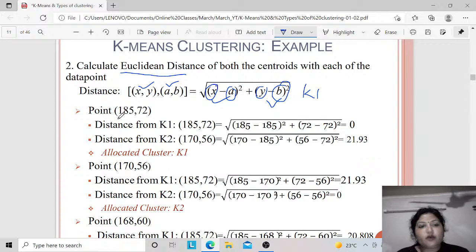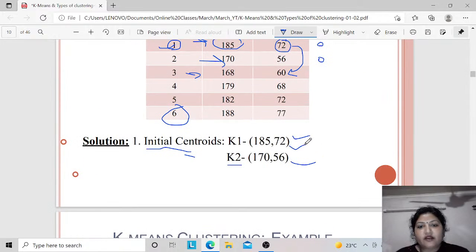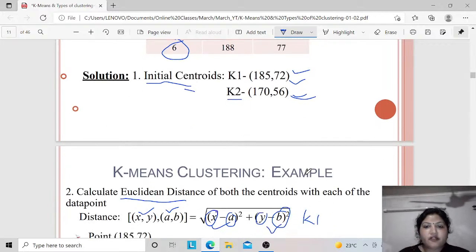So suppose this is my first point and this is my first cluster, let us see how it works. This would be my cluster 1, this would be my cluster 2, which we have already taken as 185, 72 and 170, 56, right?